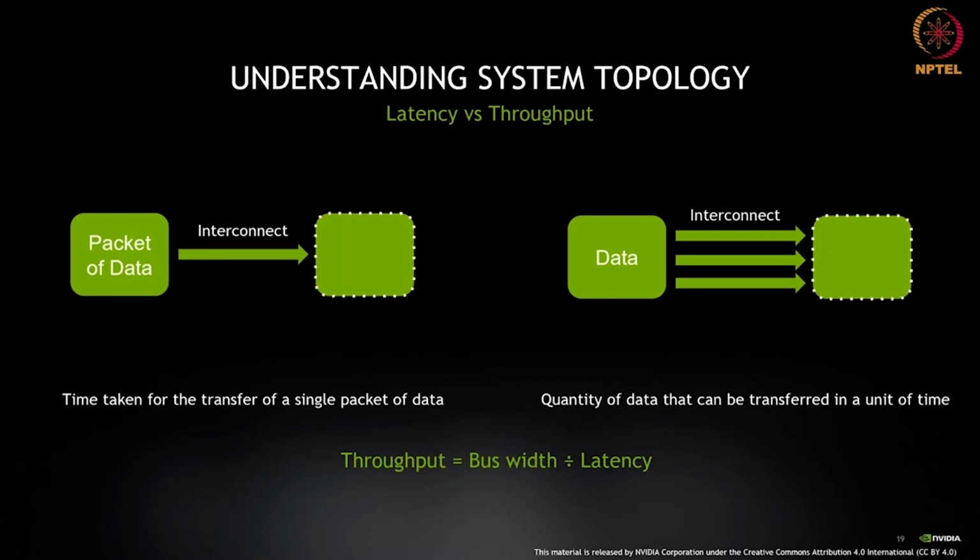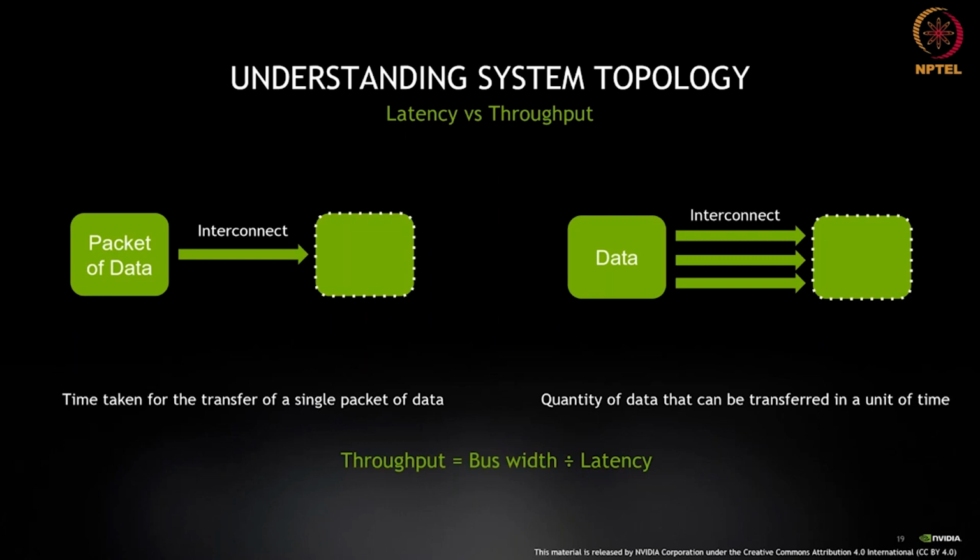So it's like latency. Whenever you do a speed test of your network, you always get two numbers. Latency would be given in terms of how many milliseconds or microseconds it takes to do a ping. So it's the ping latency. In this case, we are talking about the latency of the data being sent from one place to the other.